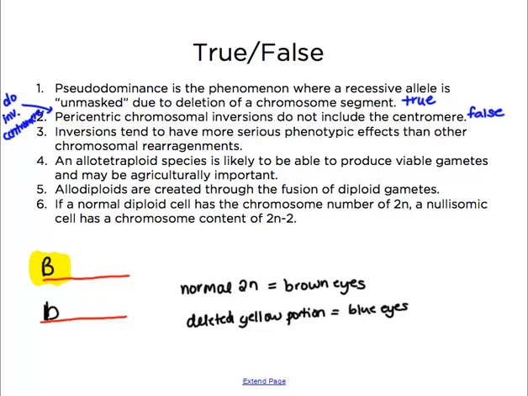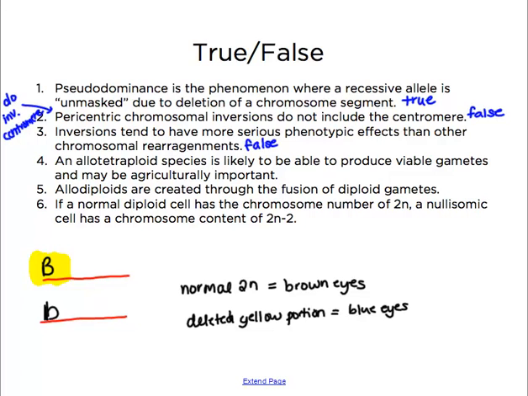Number 3. Inversions tend to have more serious phenotypic effects than other chromosomal rearrangements. Well, this is false, and for a reason that we just talked about: deletions can unmask recessive alleles, which is known as pseudodominance. And also, duplications can cause a great phenotypic effect, because you'll have more than the required amount of gene product, and that can cause dosage problems.